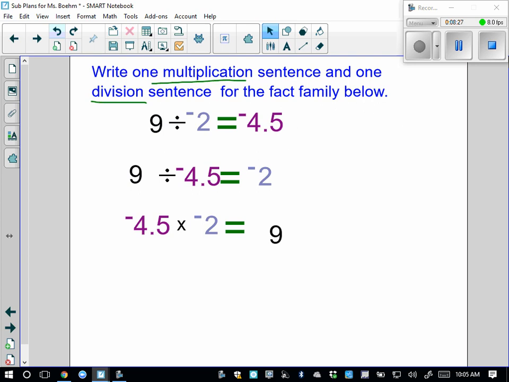I did 9 times negative 4.5 instead. But 9 times negative 4.5 is a big number. And you have to have your answer of negative 2, positive 9, or negative 4.5. Those are your only choices. Yeah, that's what I did for the other one.